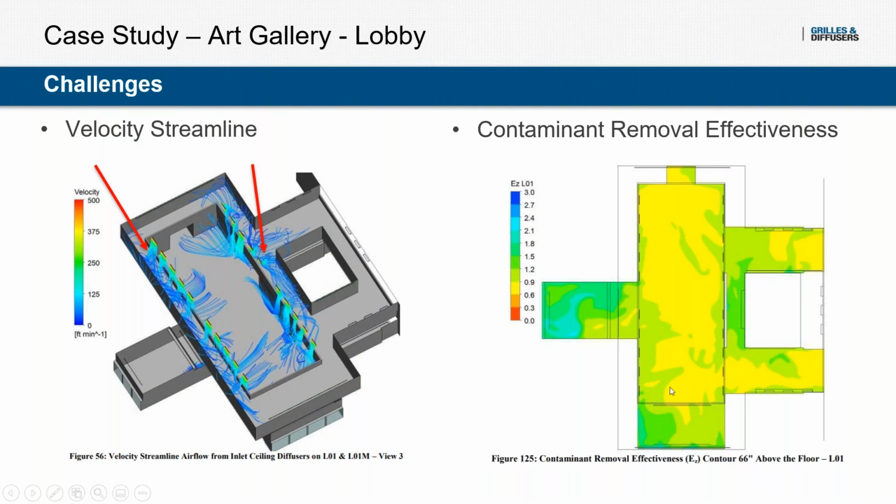We can see that in the lobby area, it's a lot more yellow than green, so we're not doing as well of a job of removing those contaminants. So what we could do here is bring the diffusers on the left and the right hand side closer together, centered more into the lobby area, so that the air would be conditioning the lobby more than the mezzanine area.